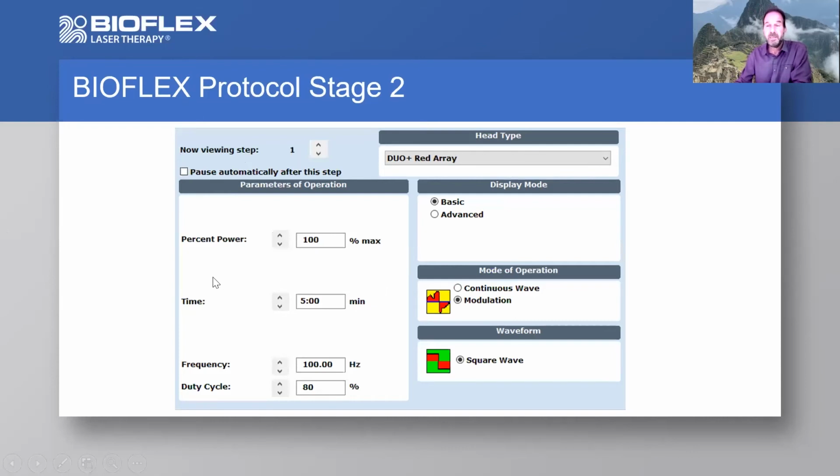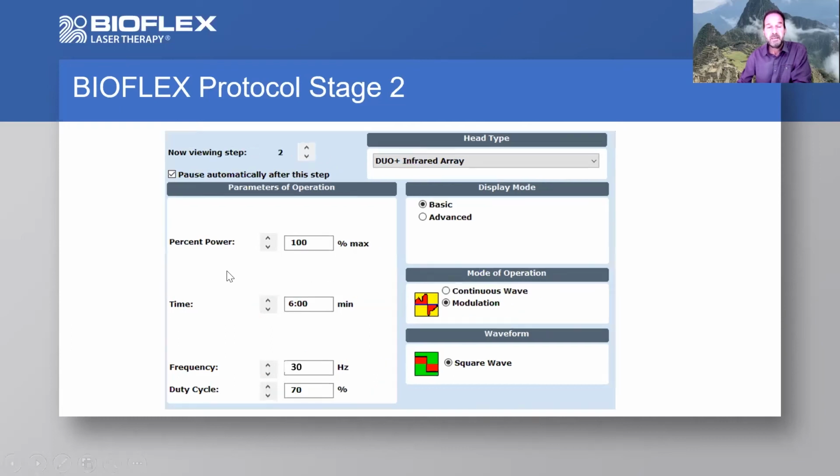You can see it's at 80%, with a slightly higher pulse rate as well, and this is for the red. Then for the infrared, similarly, you can see a higher duty cycle, 70%. So it's almost twice as much energy as the first stage, obviously more stimulatory, as well as a higher frequency or pulse rate, 30 cycles per second.